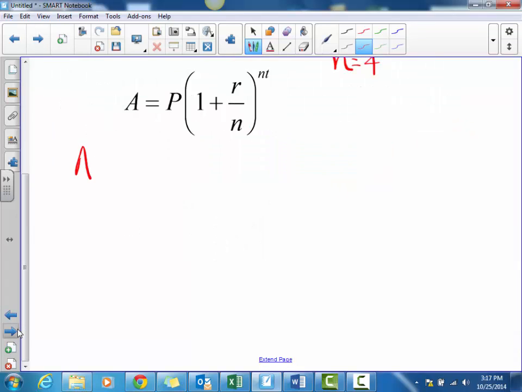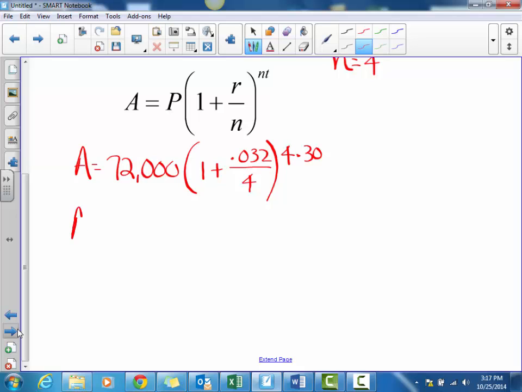So let's input the information that we know. The principal, $72,000, times the quantity 1 plus the rate, 0.032, divided by the number of compounding periods, 4, raised to the power of 4 times my years, 30. 72,000 times the quantity 1.008 to the 120th power.